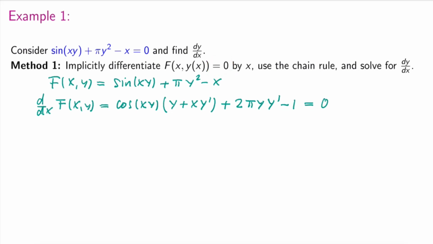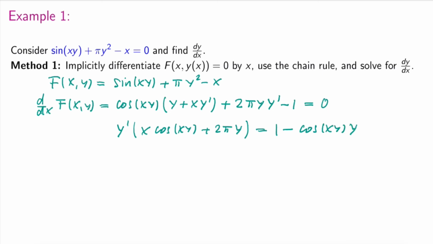Now let's isolate the y prime term. So then we get y prime times x cos of xy, and then plus 2 pi y from there, and then equals, move the 1 to the other side, and the other cosine term, cosine xy times y.